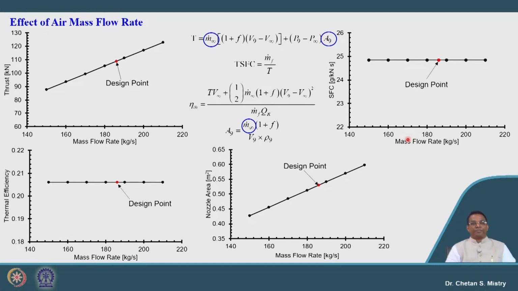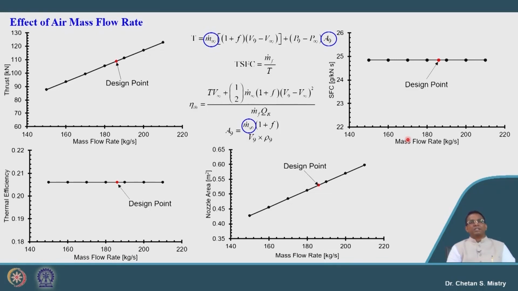When the entry diameter goes large, it may create trouble in terms of installation. It will increase the weight of the engine and the drag of the engine, and that is the reason why we put a constraint on the selection of entry mass flow rate. Turbine entry temperature we have already discussed.